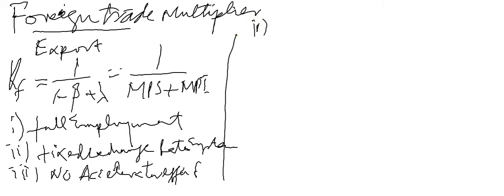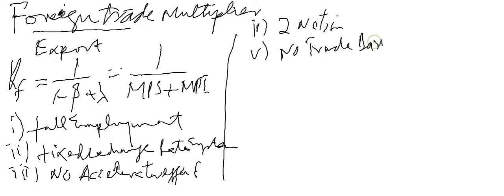Fourth, two nations are importing and exporting goods and services. Fifth, no trade barriers, restrictions or exchange rate controls.